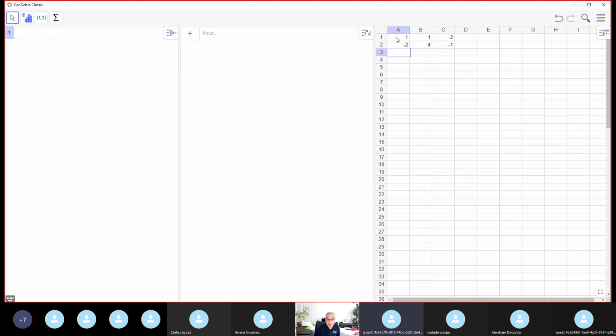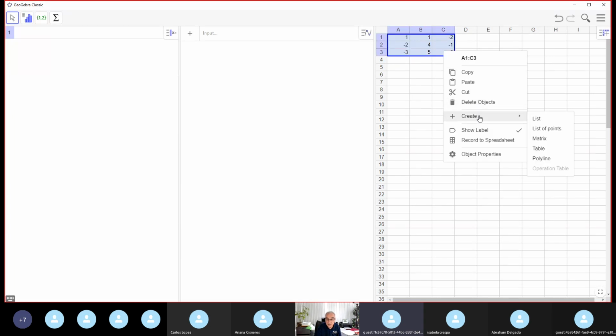Enter. You press enter, it changes the line. When you press tab, you move to the next cell. -3, -3, 5, 5. Okay, this is a square matrix, 3 by 3, 9 elements.